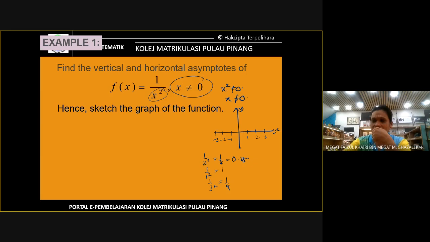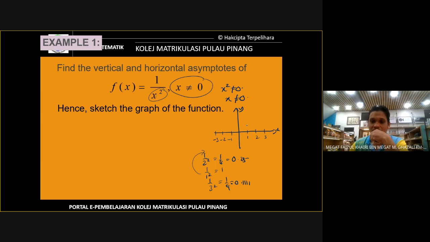Please give me the value in decimal. The numbers are getting smaller and smaller. 1 divided by 9 is 0.1111. Okay, so this is 0.111. This one is supposedly above here.